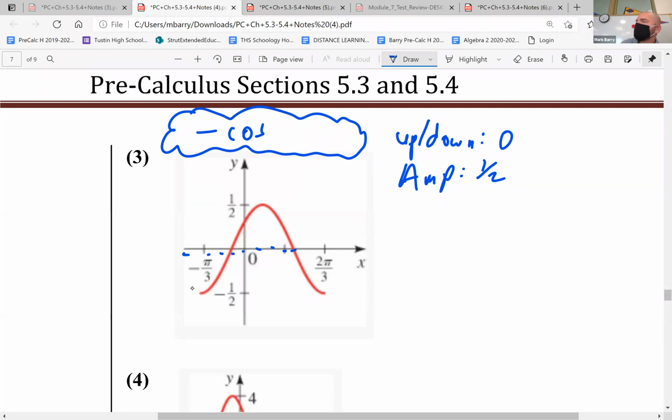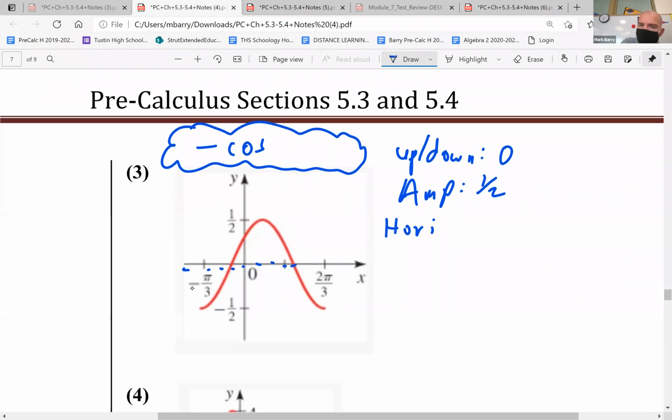All right. We do have a horizontal shift. And so that is to the left, pi over 3.